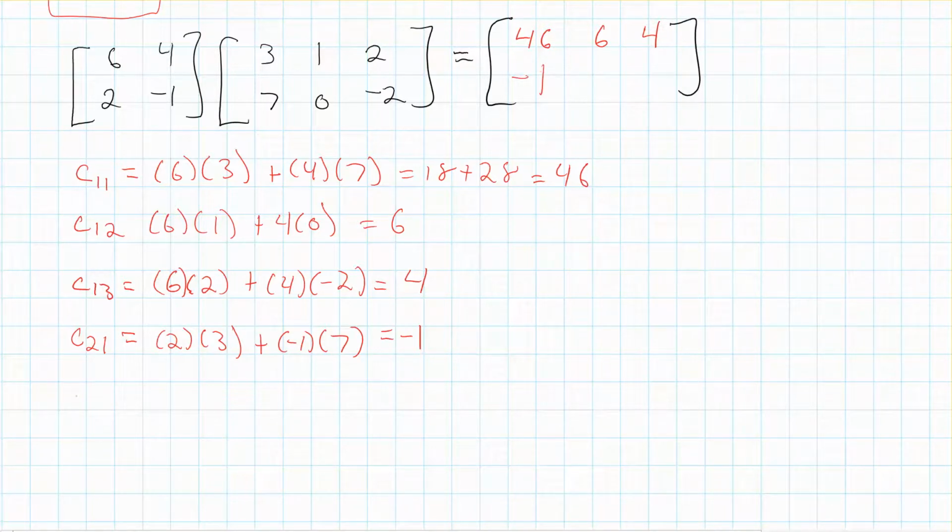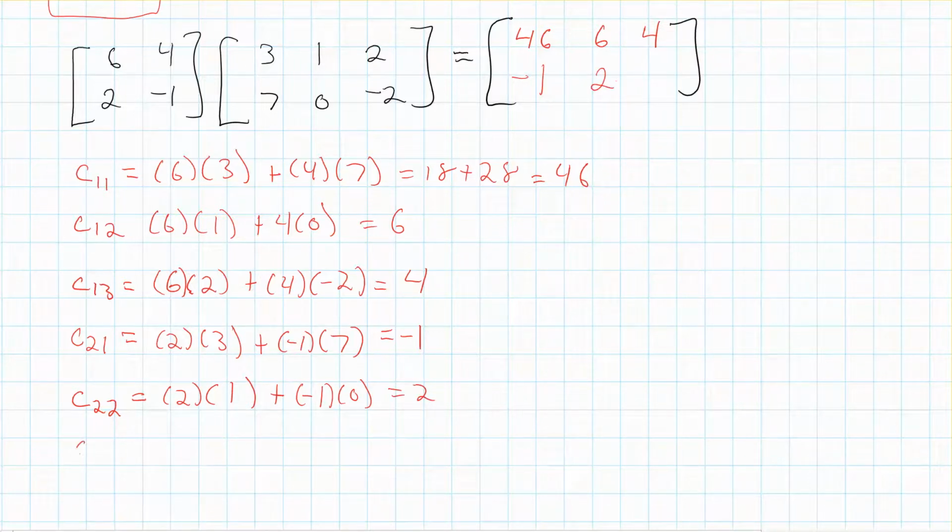And then we'd have C22, which is equal to 2 times 1 plus negative 1 times 0, which is of course just 2.